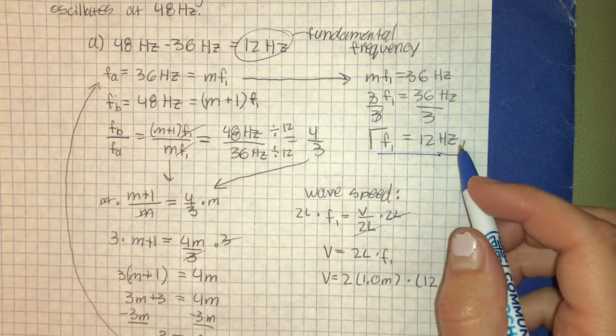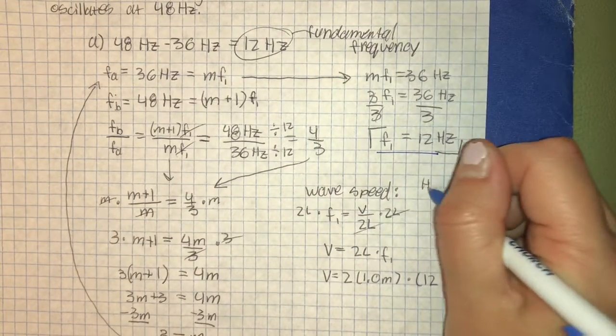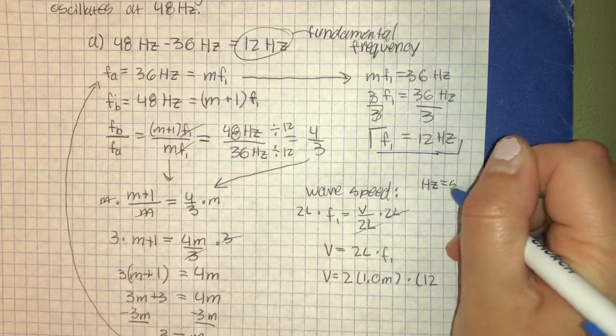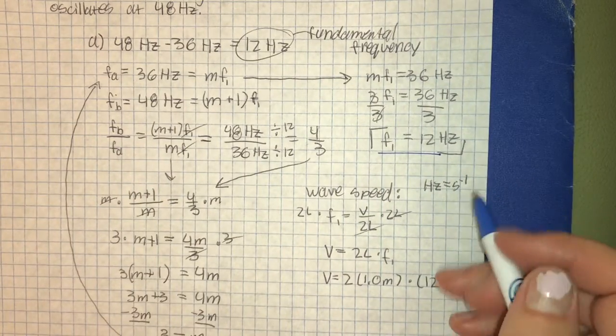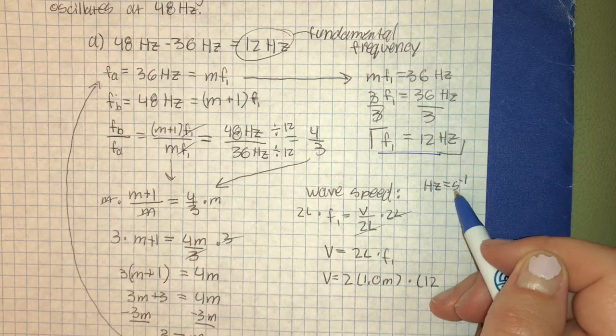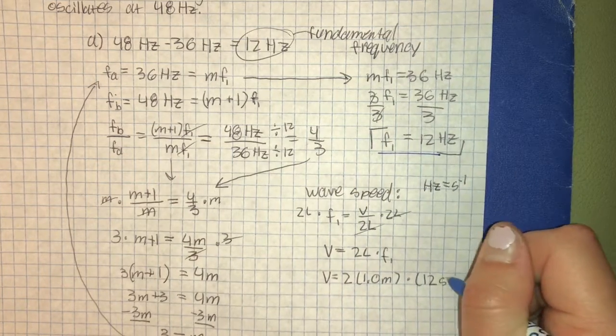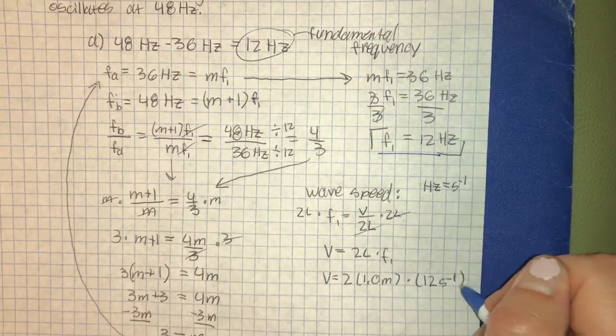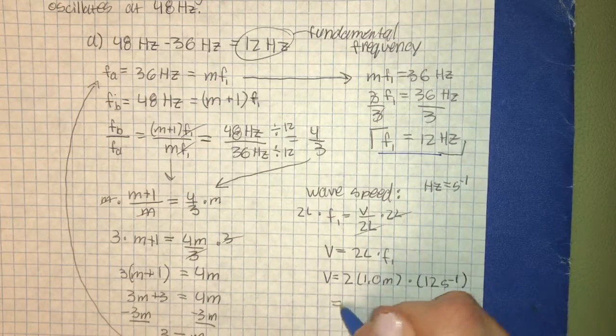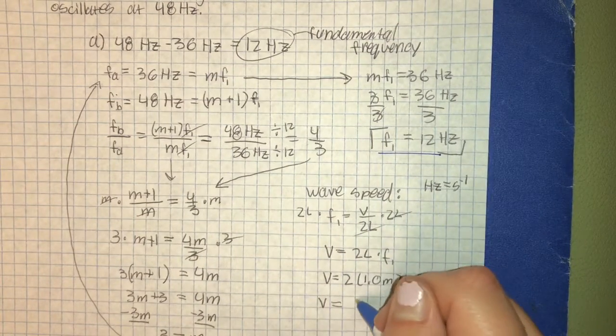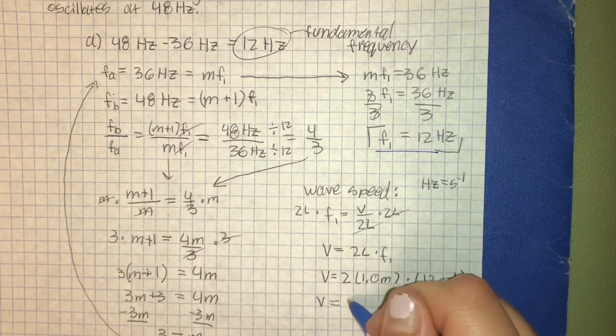And it's 12 hertz, but hertz is also equal to s to the -1. And that will give us the units we need for velocity.